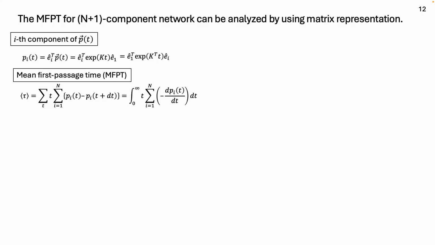And the summation becomes integration, and the difference becomes a derivative. And then for the same reason, the mean first passage time is the summation of the integration of Pi(t). And we know Pi(t) can be written using the exponential matrix function.